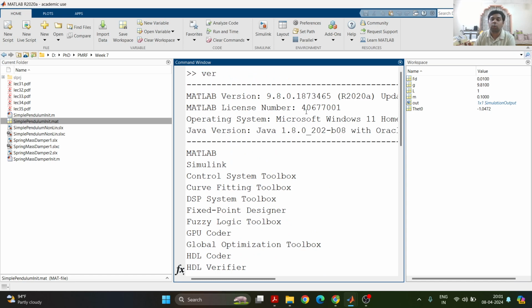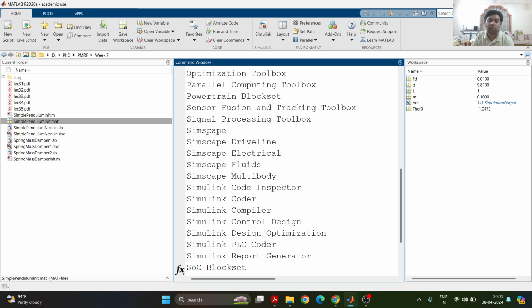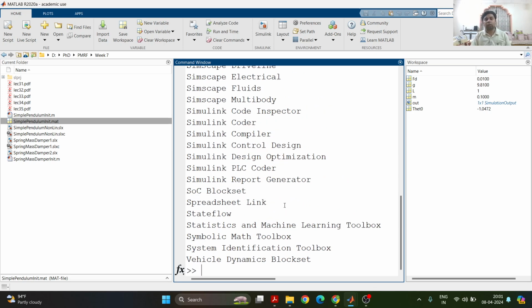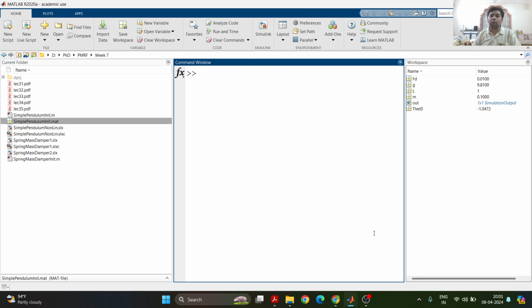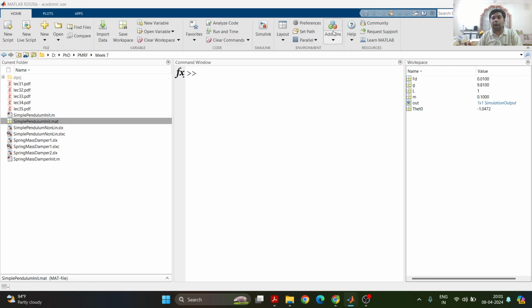It will show the version of MATLAB and then the toolboxes, like, let us say I have Simscape installed and other toolboxes. So if you have an offline desktop version, you can try this VER command. If you need to install a toolbox, you can go to Add-Ons, then Get Add-Ons, and type Simscape.